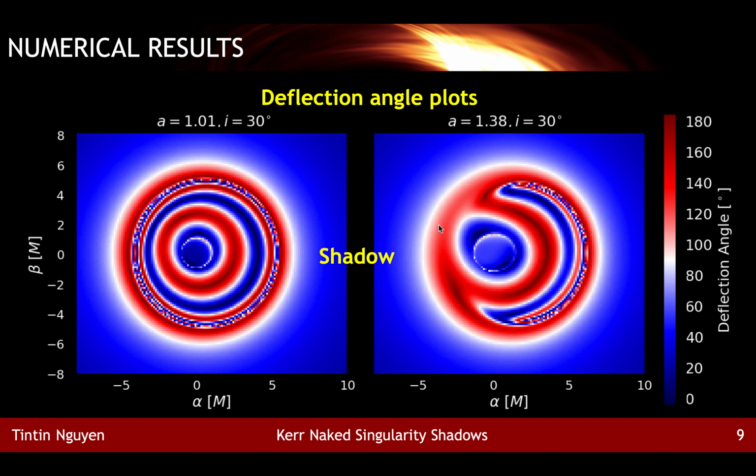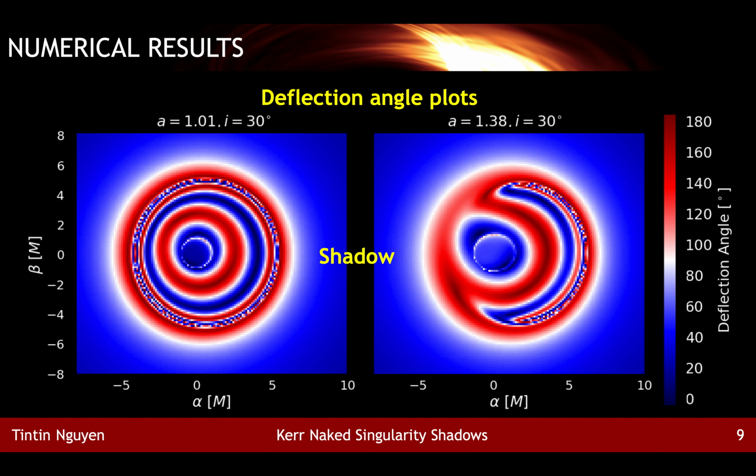So how do we interpret the KNS shadow from these deflection angle plots? As I mentioned earlier, the shadow is the projection of the unstable photon orbits. So in the KNS case, it corresponds to a region where light oscillates rapidly between going away from us and going back to us.